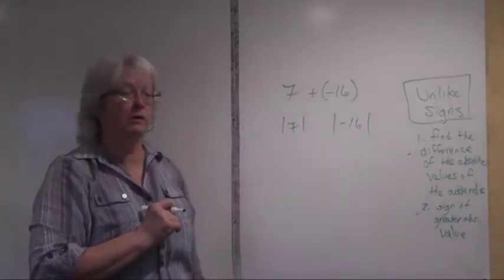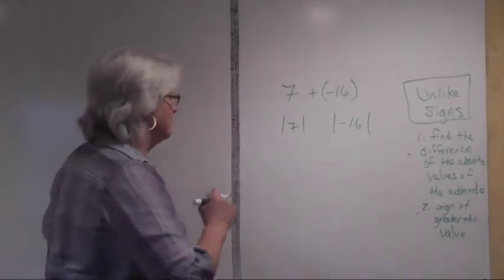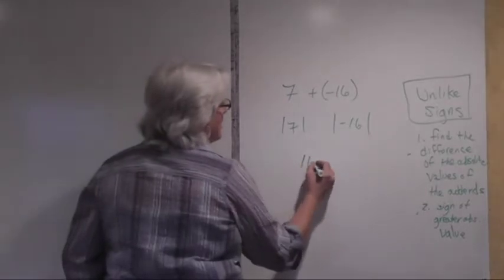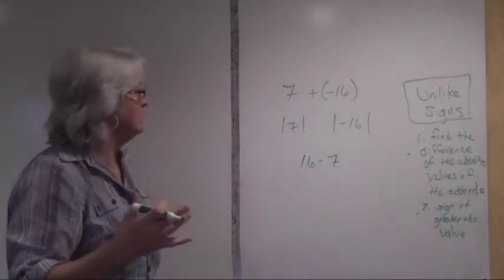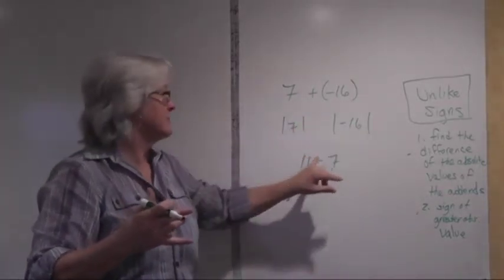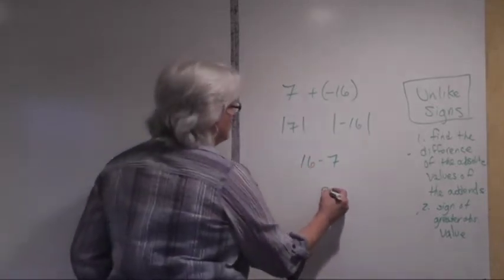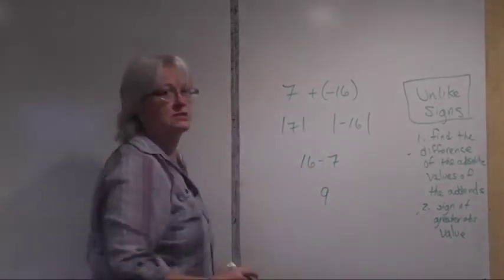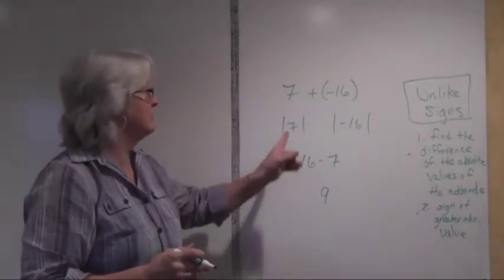So what do we do now? We're going to subtract. We're going to find the difference of their absolute values. We're not going to say 7 minus 16. We're saying 16 minus 7 is 9. Now we want to see, is our solution positive or negative?